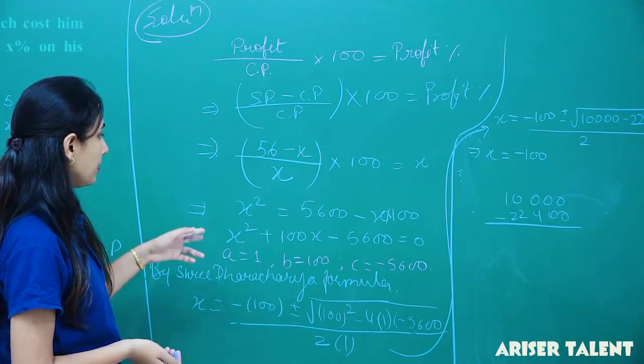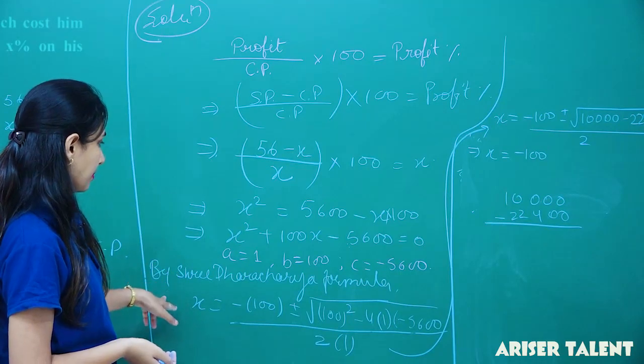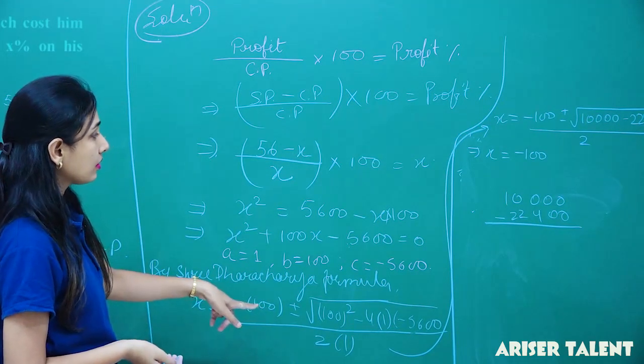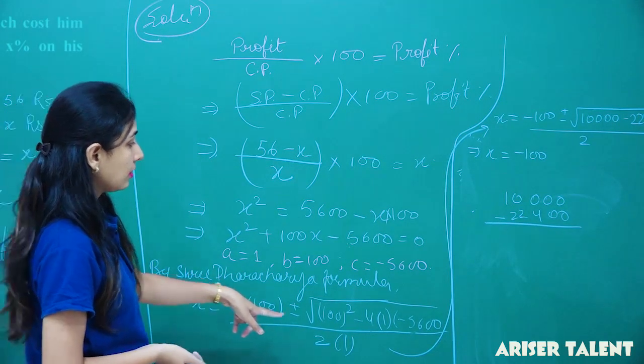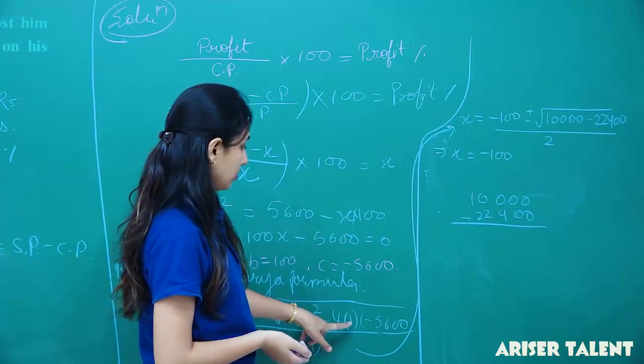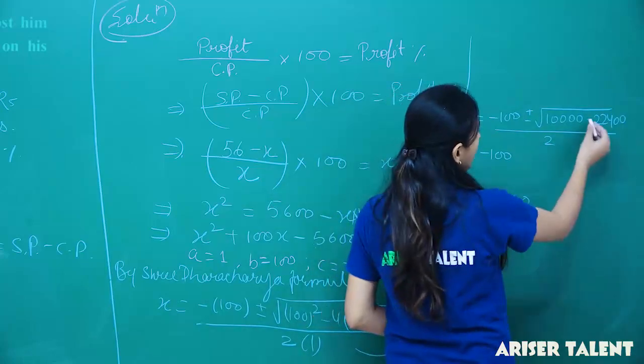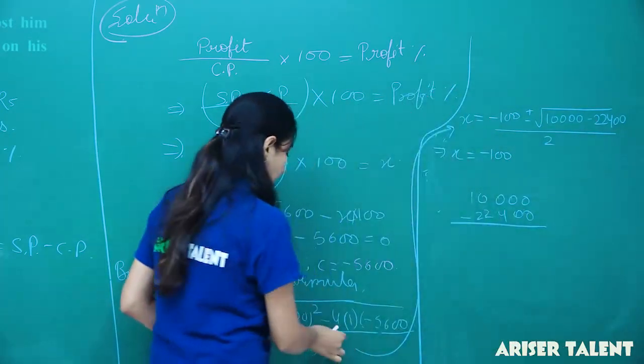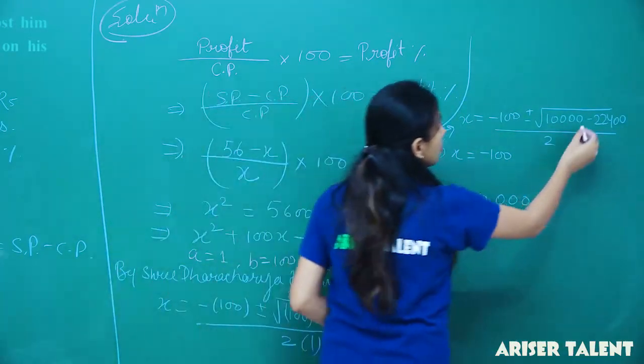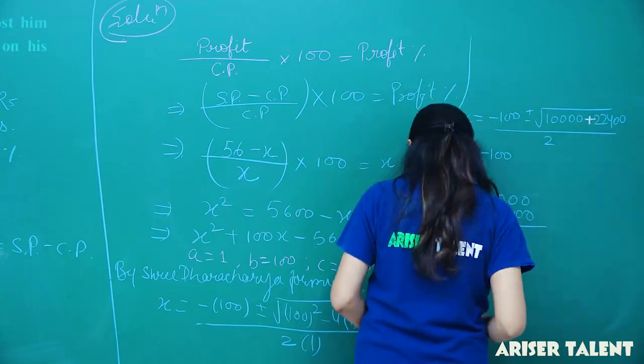X square plus 100x, B square, right? Now, minus and minus will be plus here.